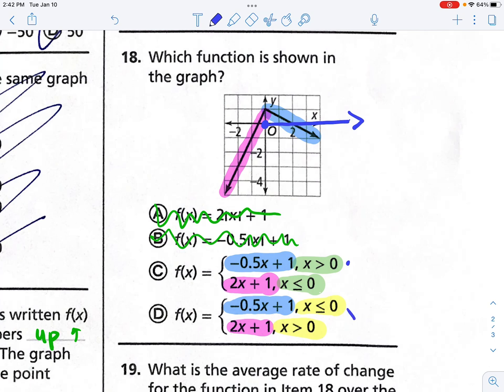Whereas less than 0 is to the left, that's going to be this way. That's not the side of the graph that I'm on. So the answer is C for number 18, because greater than 0 is the right side of the graph, and less than or equal to 0 would be the left side of the graph. And that's where those two pieces are, respectively.